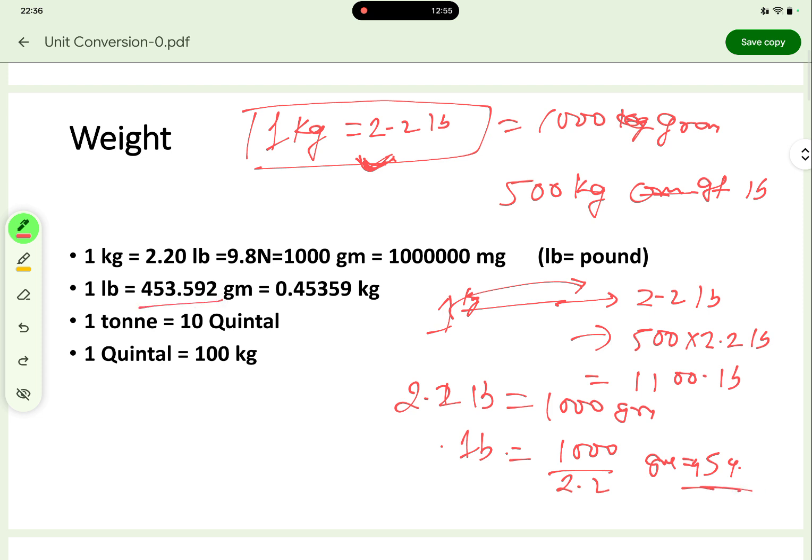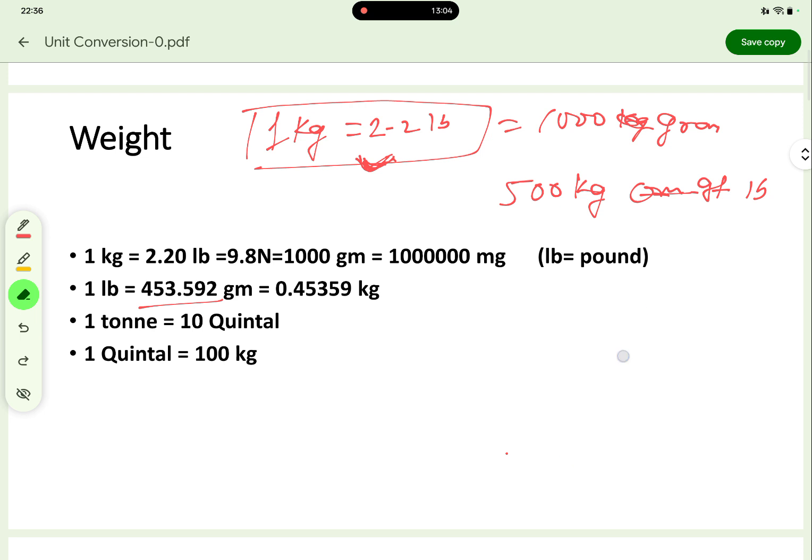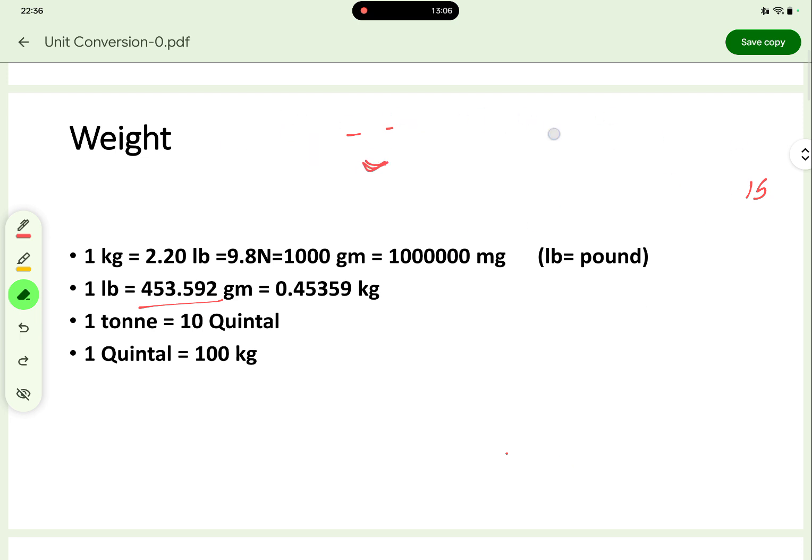And another thing, if you want to convert and see how much amount of kg you are going to get, these are the basic things you need to remember. Let's suppose you have 1 kg and 1 kg is equal to 2.2 lb. lb means pounds, right?